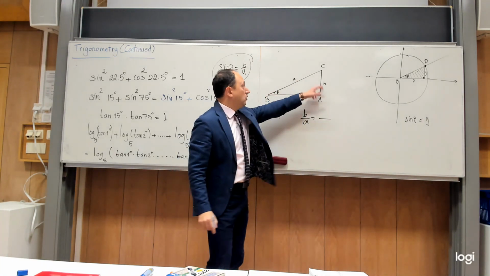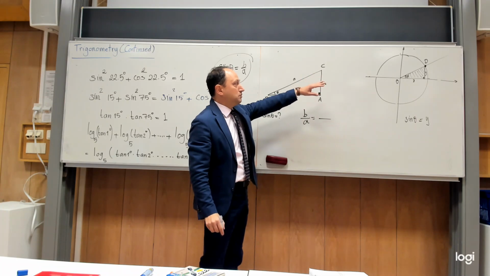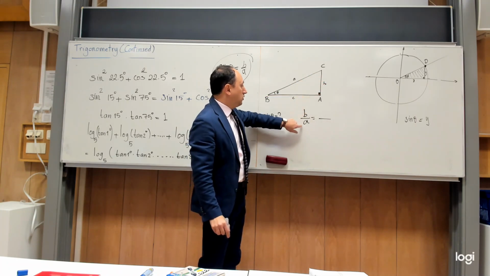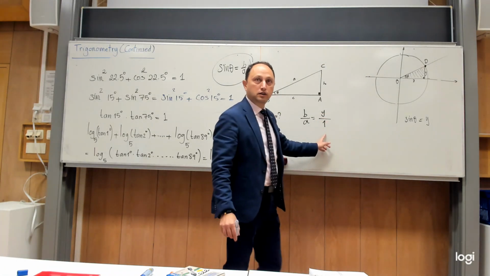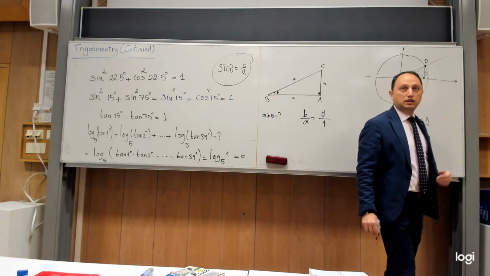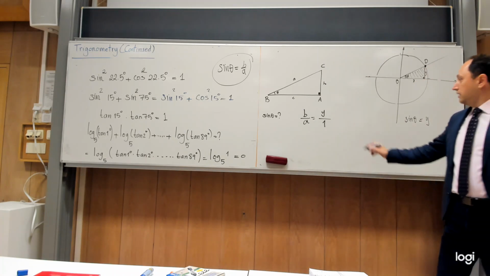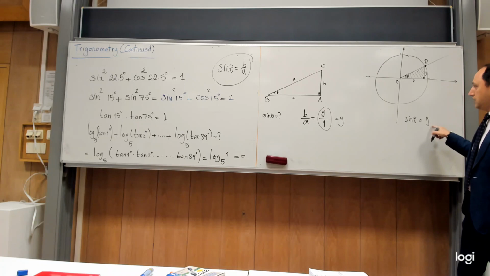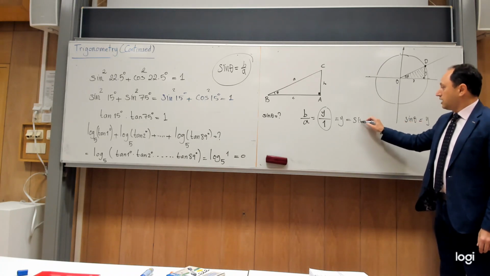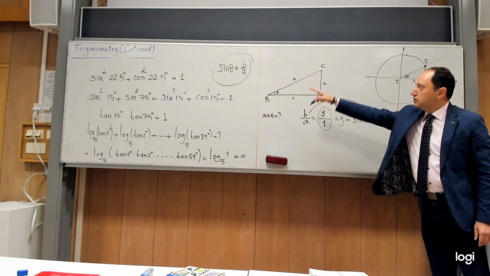Because the ratios should remain the same, b over a is equal to y over 1. Why 1? Because 1 is actually the radius. And this becomes y. What is y? You told me just now. Y is sine theta. And now look here and there. You get your formula back.